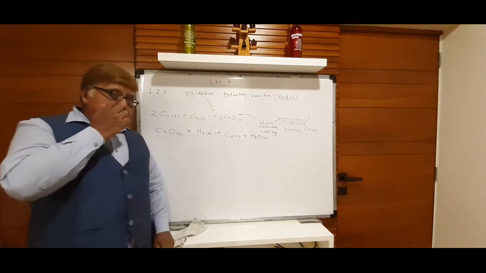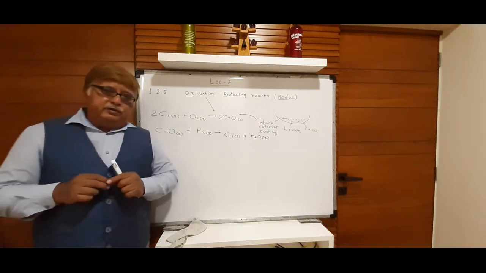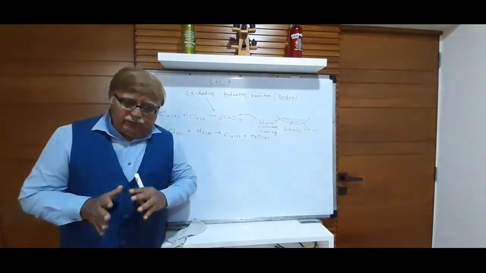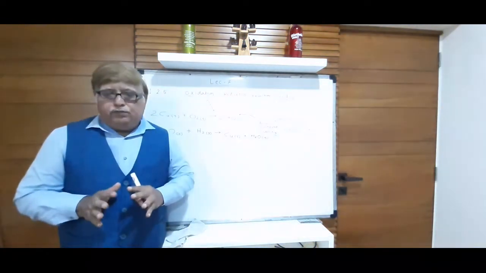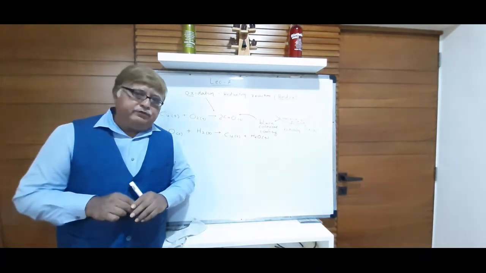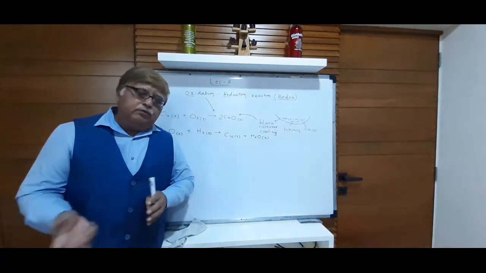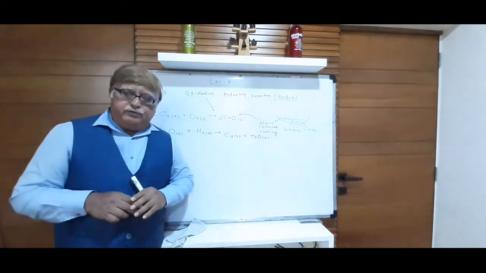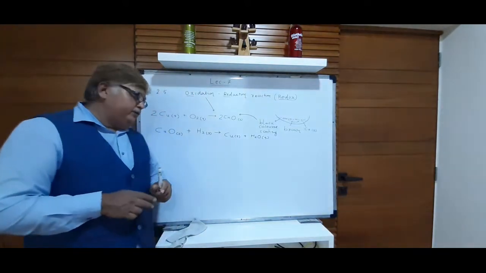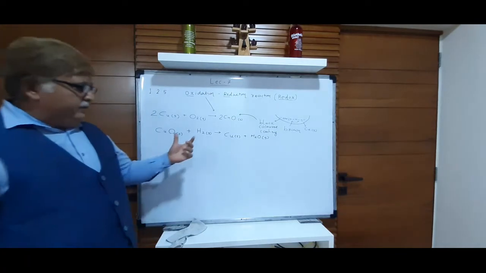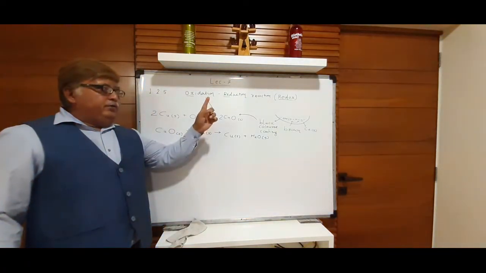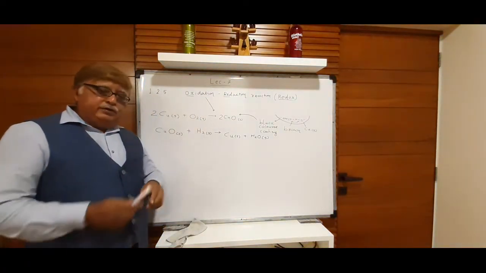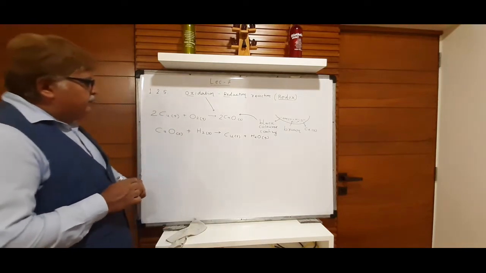I initially told you redox reaction means the simultaneous occurrence of oxidation and reduction reaction. So can I call it a redox reaction? Yes, try to understand. I told you redox means simultaneous occurrence of two reactions.